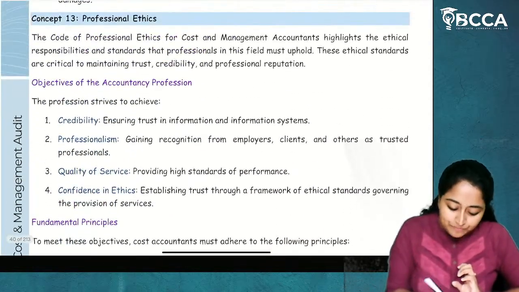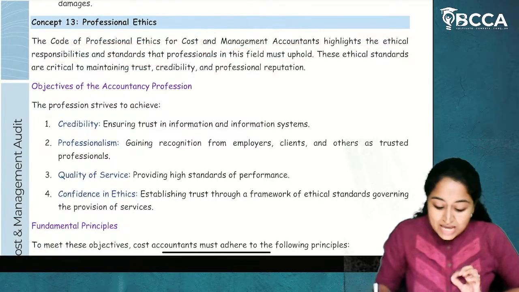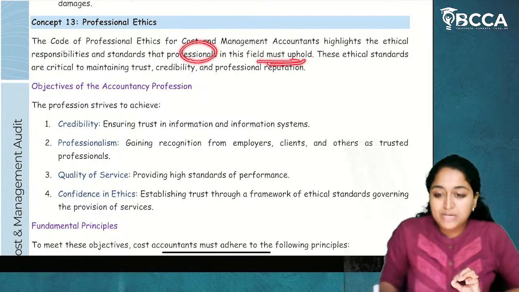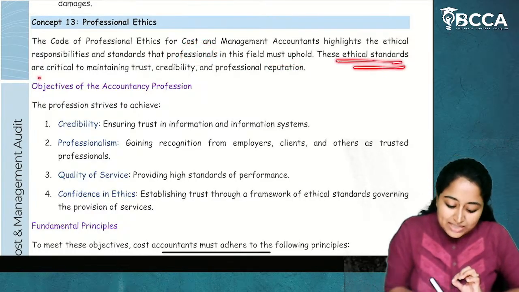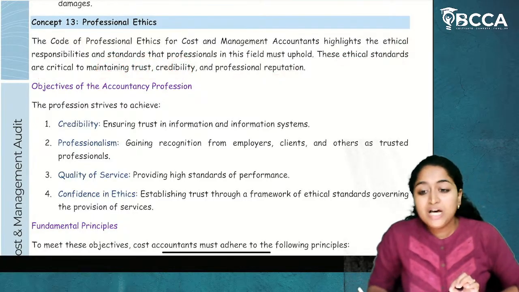The Code of Professional Ethics for Cost and Management Accountants highlights the ethical responsibilities and standards that professionals in this field must uphold. These ethical standards are critical to maintaining trust, credibility, and professional reputation.